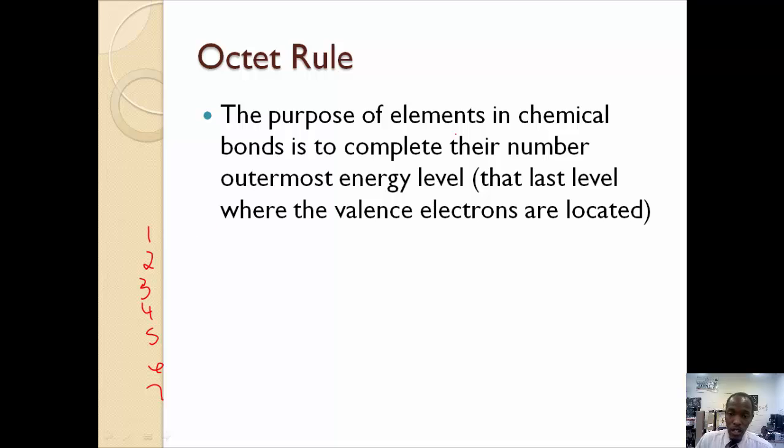And for the octet rule, if we cannot remember, we have our first energy level. If they only have 1 energy level, that means they have a maximum of 2 electrons. And we know that there are only 2 elements with 1 energy level, hydrogen and helium, because they're in period 1. They're the only 2 elements in period 1. So they have 2 electrons total.